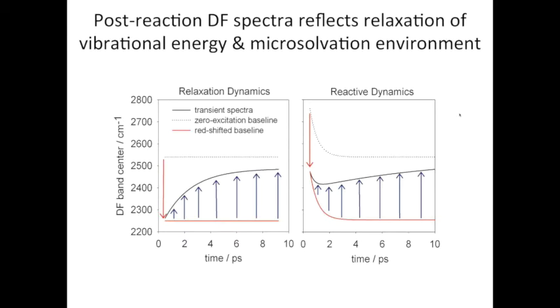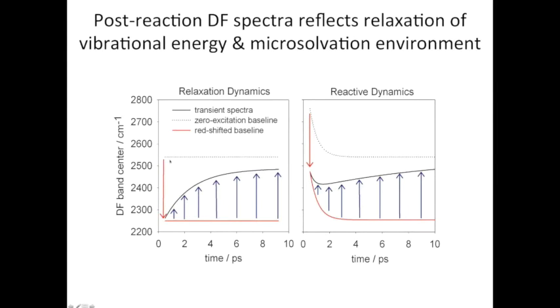Let me just explain this plot real quick. What I've shown on the left-hand panel is the change in the DF band center that you observe if you just take DF, solvate it in bulk acetonitrile, and pluck it with a non-equilibrium pluck, like plucking a guitar string, and then watch it relax back down to equilibrium, okay?